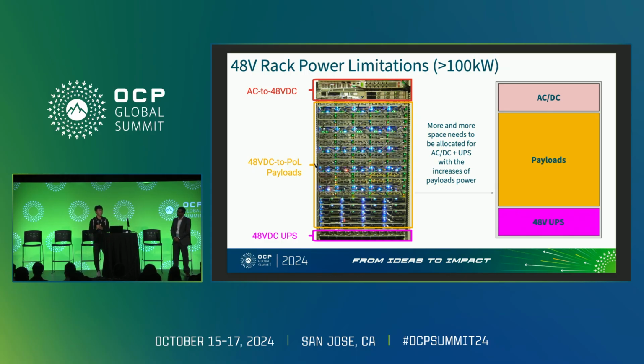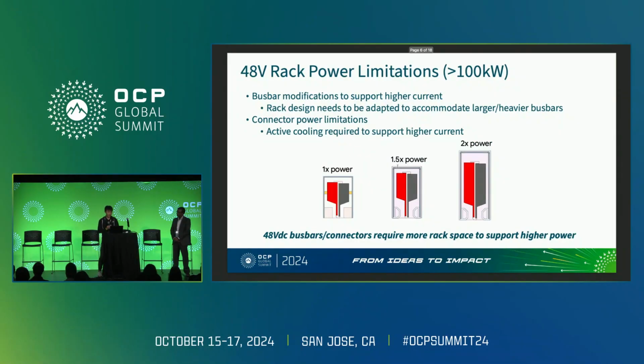With the power continuing to grow, we would expect that more and more space would be allocated for the rack power system, and then we're fighting for space with the machines, with the GPUs, right? That's not a game that we want to be in. So we want to do our best to give all the space back to the machines so that we can optimize the performance and have more efficient computing.